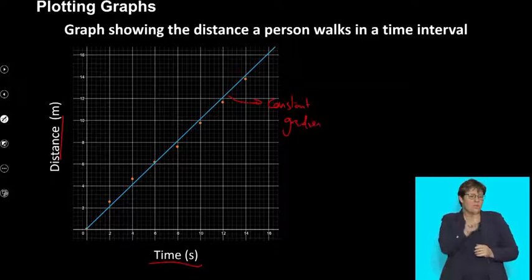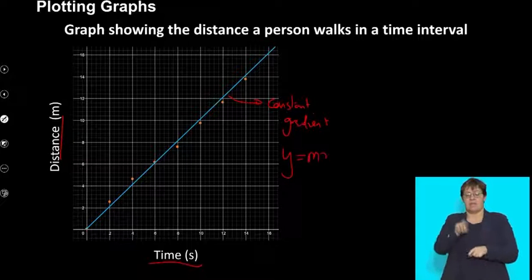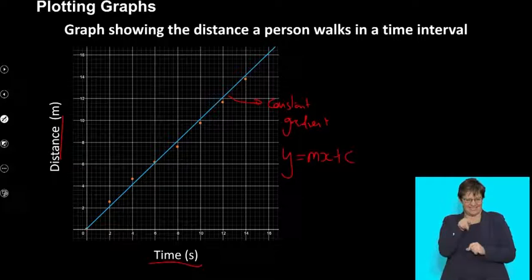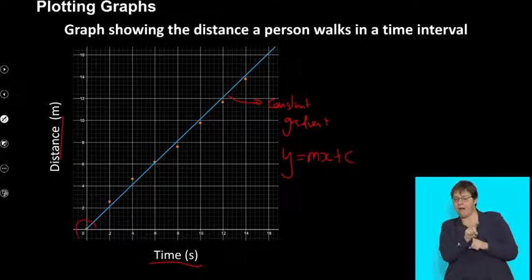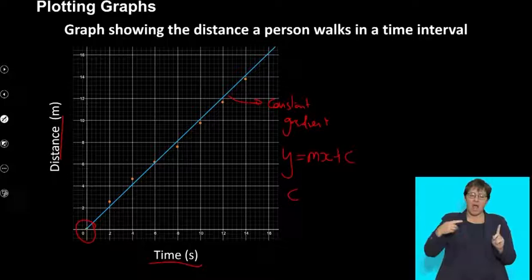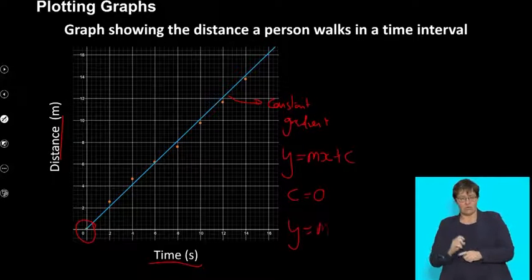This means that the equation of this line is in the form of y equals mx plus c. And that's the maths part of this lesson. But notice something about the y-intercept, or the vertical intercept. It's equal to 0. So when c is equal to 0, we've got y equals mx.